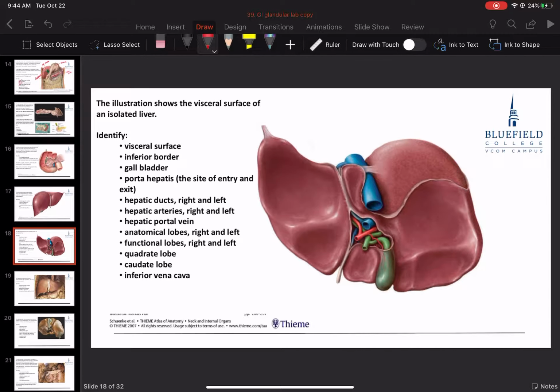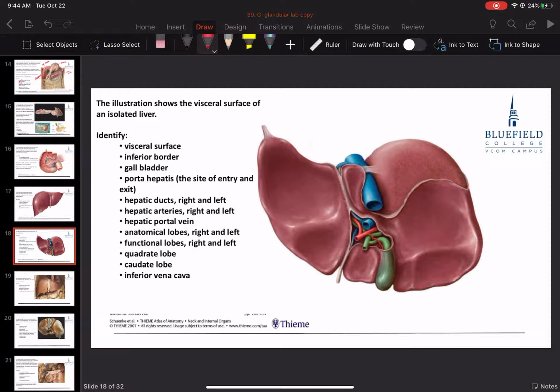But so what would this be right here? That's the round ligament, which is at the inferior margin of the falciform ligament. That's all correct. And in the fetus, it was the umbilical vein. Then this is the left umbilical fissure, this space right here.